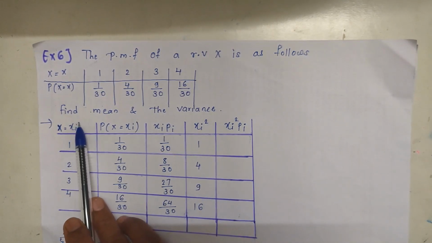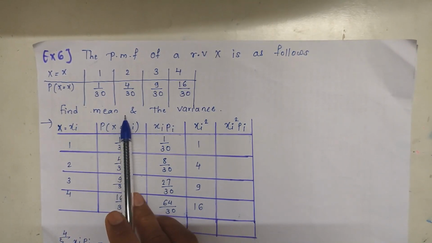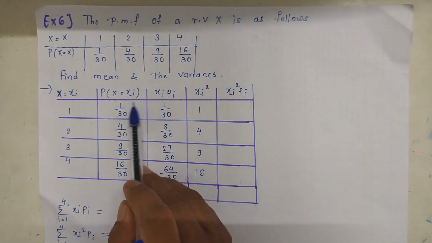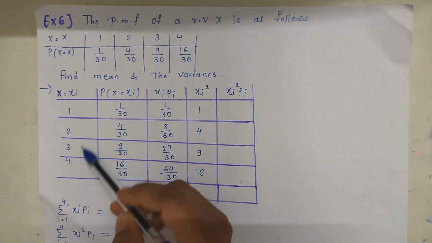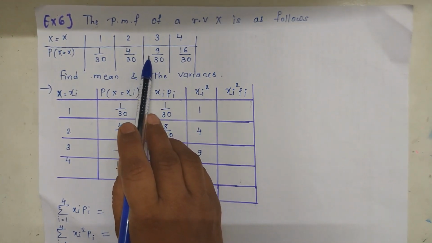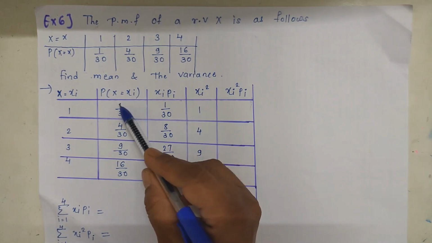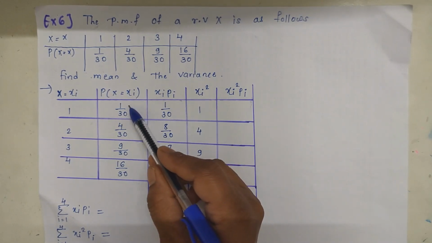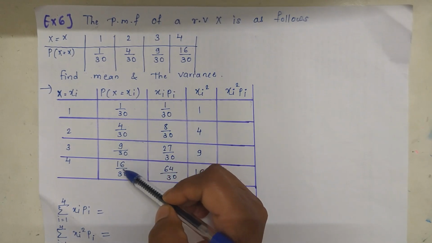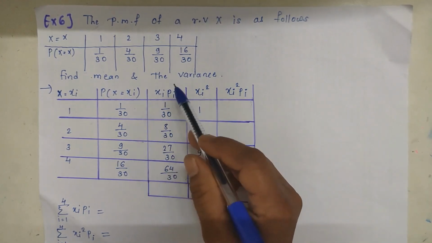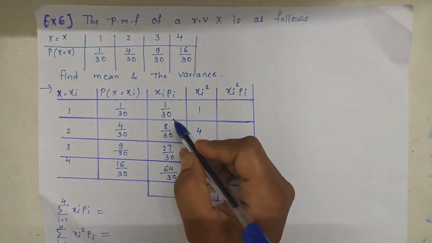Now the given data can be tabulated as follows. The values of xi 1, 2, 3, 4 are given in the example. Next, in the next column, their corresponding probabilities 1 by 30, 4 by 30, 9 by 30 and 16 by 30, which are given in the PMF.